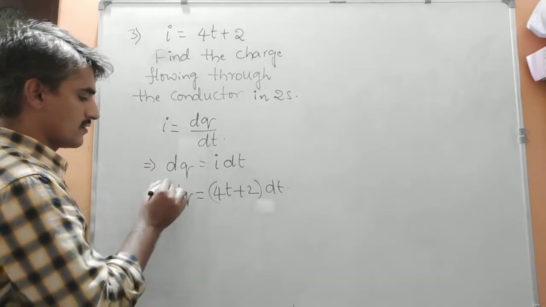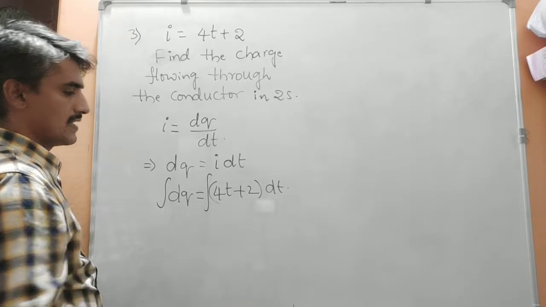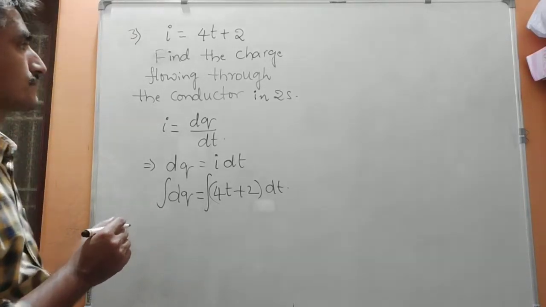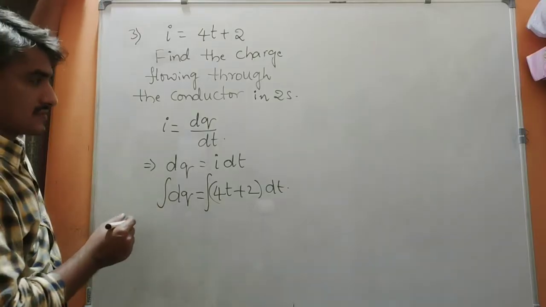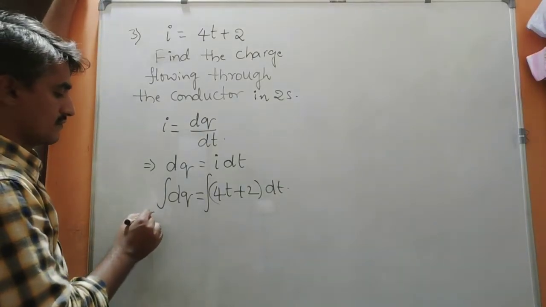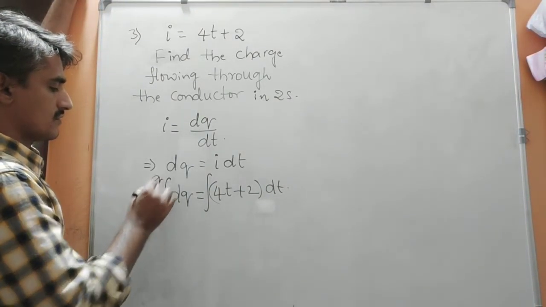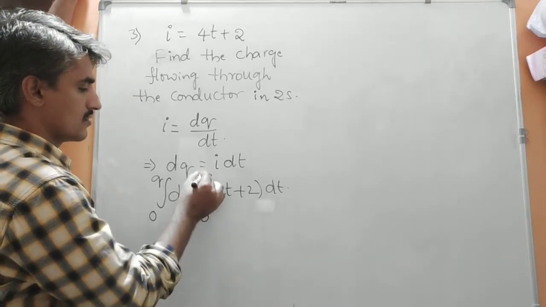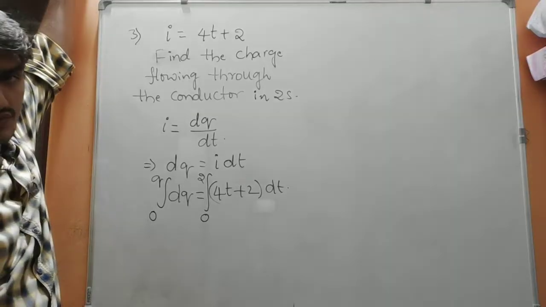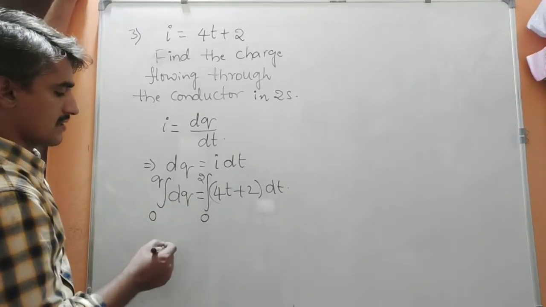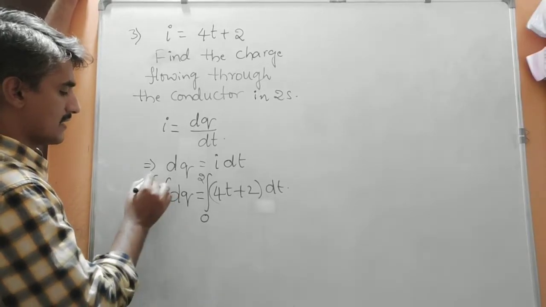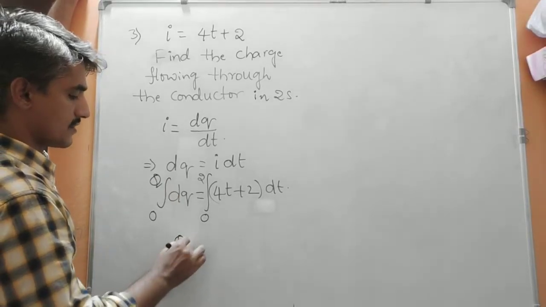If we integrate on both sides, then from where to where do we have to calculate? Initially assume that the charge flowing is 0 to q, and the time is 0 to 2 seconds. Now integration of dq is nothing but q, so that total amount of charge is q here.